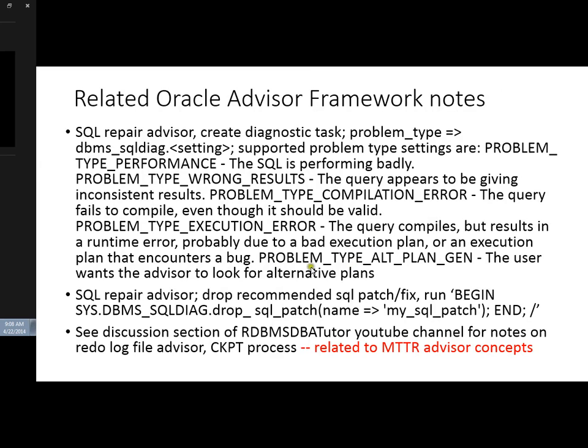You also have a problem type auto plan gen, which is for getting alternative plans for your SQL statement. And again, sticking with the SQL Repair Advisor, as I've already said, you can drop a recommended SQL patch using the drop SQL patch procedure.